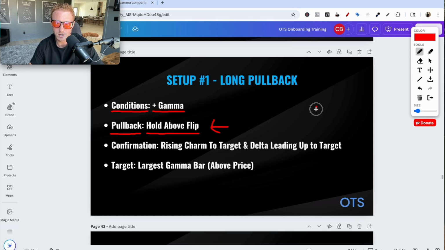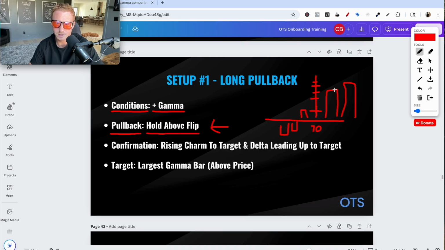So if we have positive gamma up here and we have these bars, and then all of a sudden we have a smaller gamma bar, and then it flips to negative and you can start seeing negative bars. Let's say price is right here, and we're at, let's say, 70 to keep it easy.